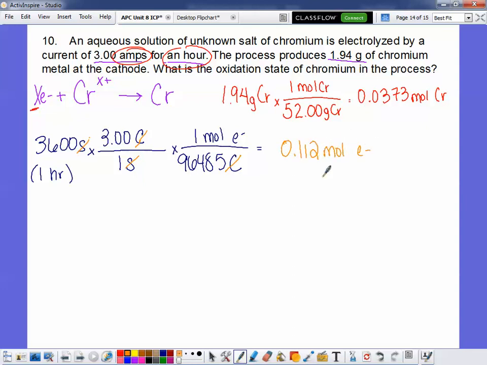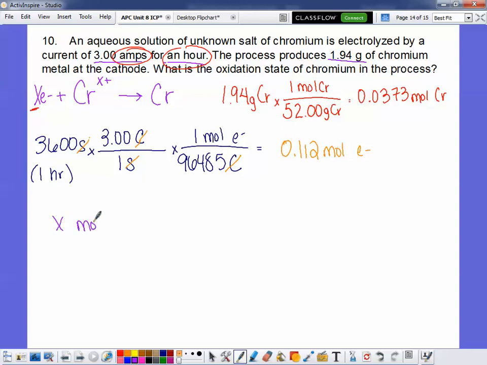Yep. Okay. So in this reaction, we have X moles of electrons for every how many moles of chromium? 1.